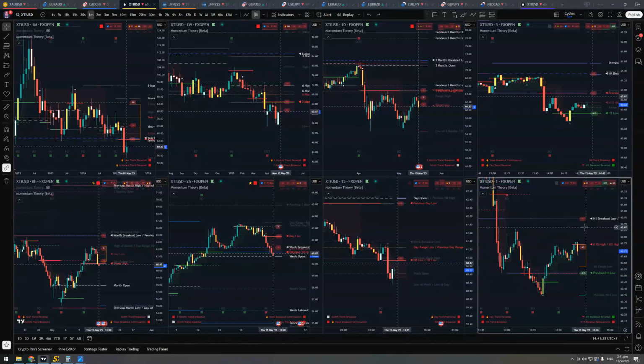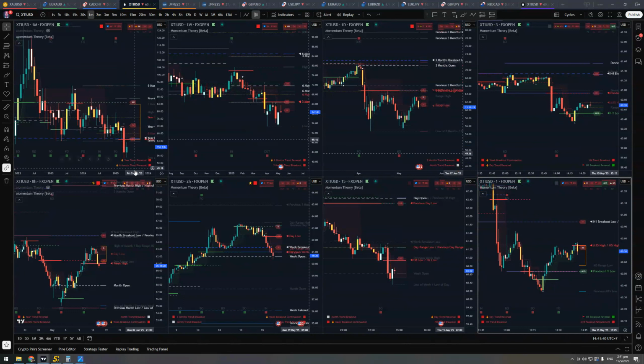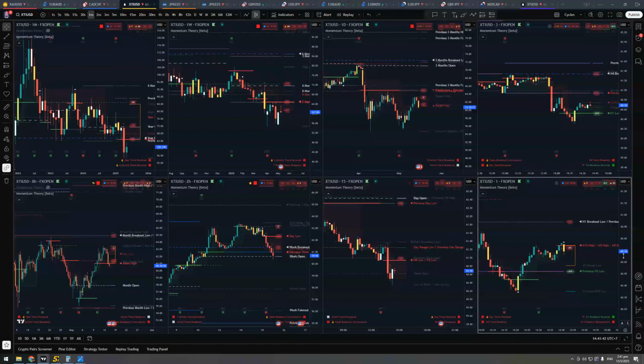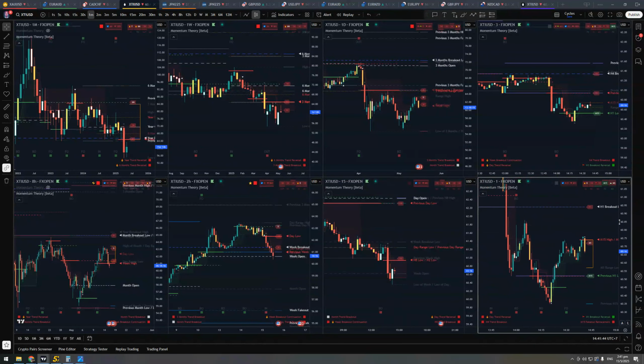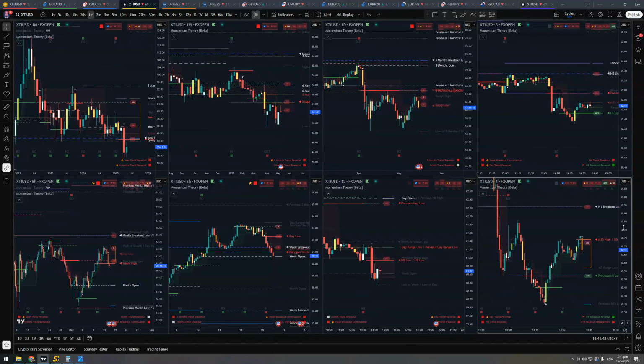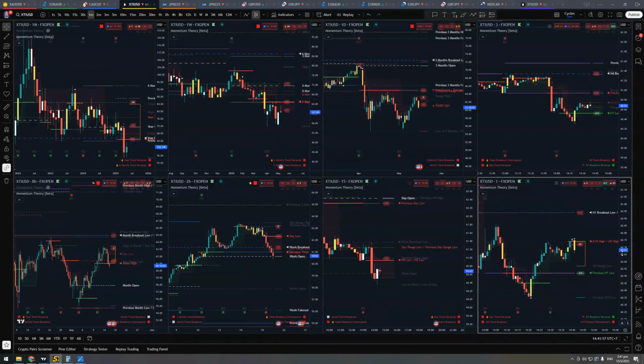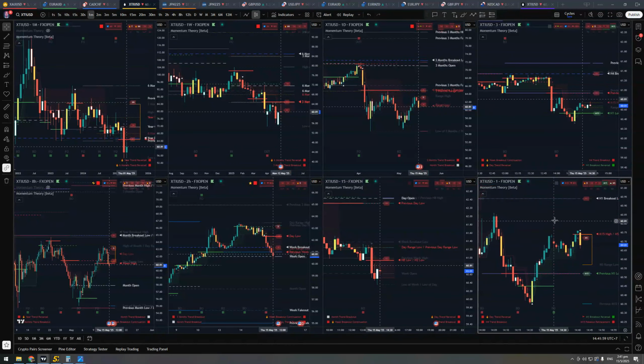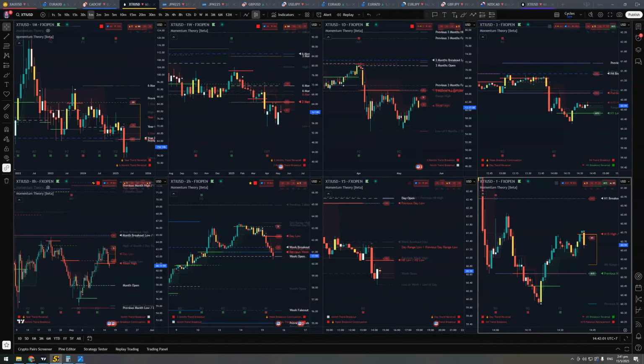Spread isn't the best, so I'm going to have a wider stop, but there is plenty of space to go down, so I don't mind attempting this. Looking for a continuation here.